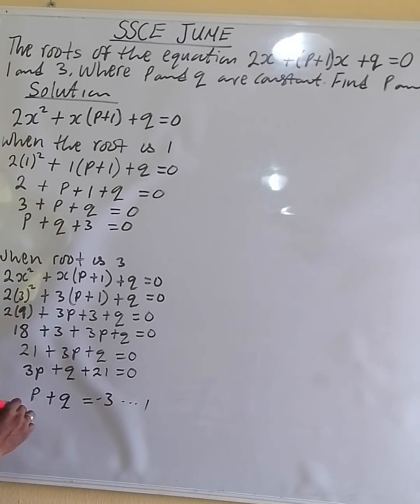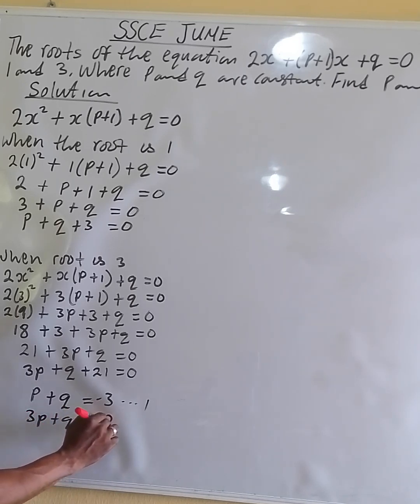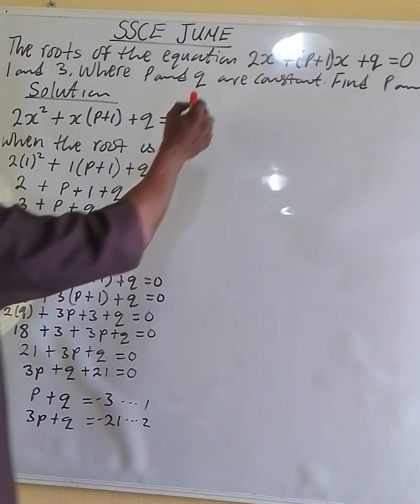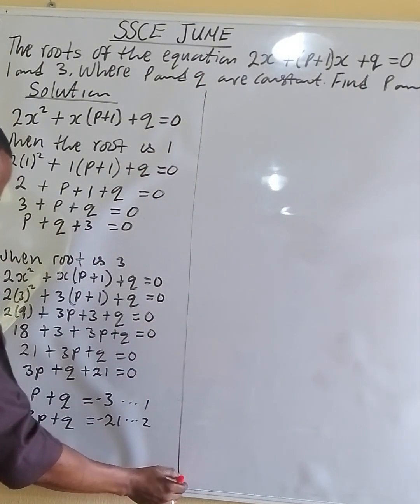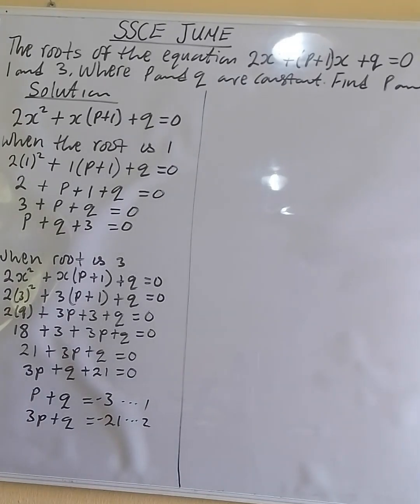And equation 2 is 3p plus q equals minus 21. That's equation 2. So we'll now solve them. We can solve by substitution or elimination method.